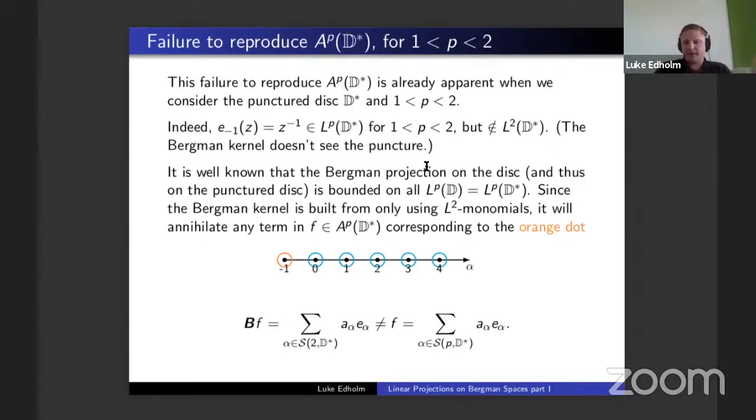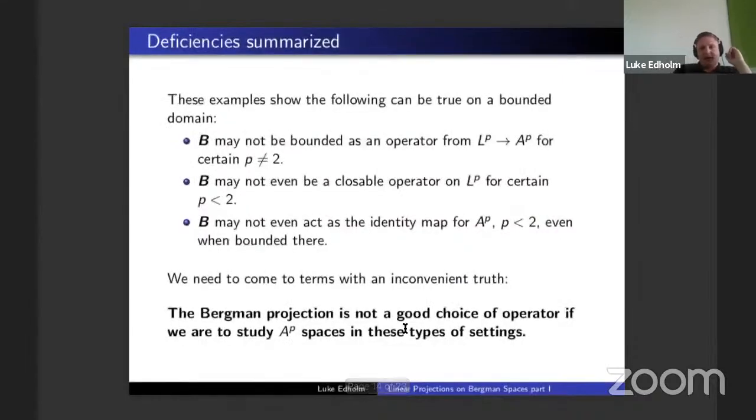The Bergman projection on the disk is the same thing as on the punctured disk, and since it's only built up of these L2 monomials, it will annihilate any term in a function in AP if p is less than 2, corresponding to this orange dot here, getting this same thing where the Bergman projection is not equal to the original function.